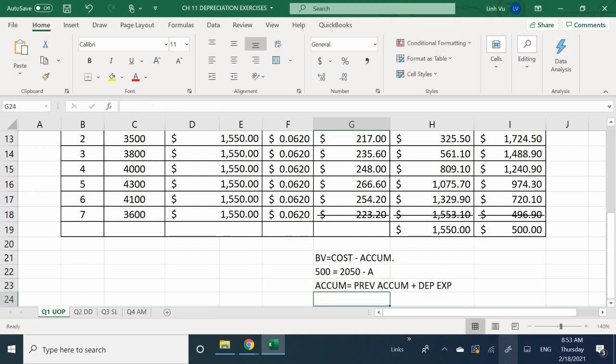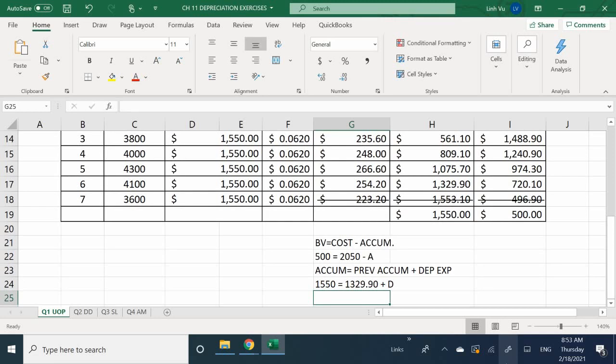So if we know our accumulated depreciation right now is 1550, and we know my previous year's was 1329.90, I'm going to add D for depreciation. How much do I need to add in order to get to 1550?